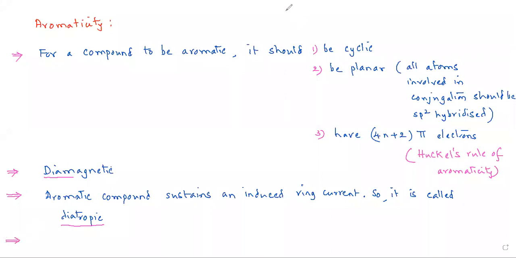One more interesting point. When an aromatic compound is compared with an open chain compound with the same number of pi bonds, the aromatic compound is highly stable.